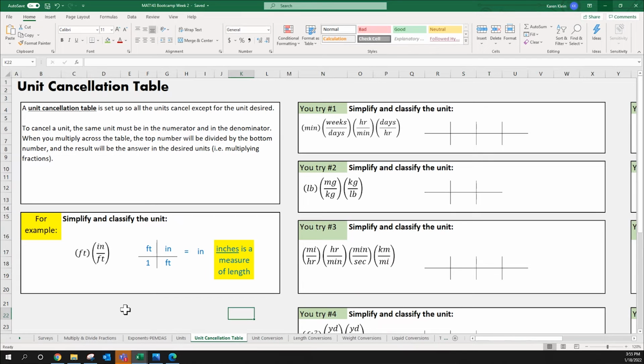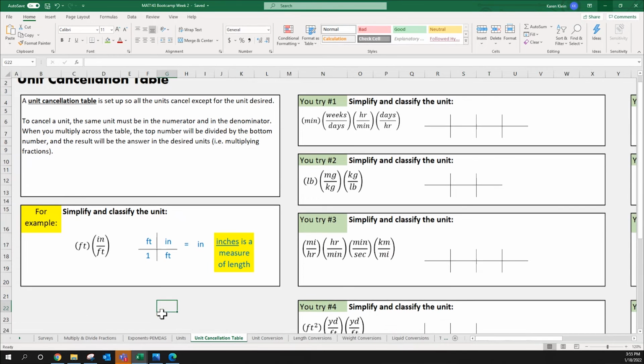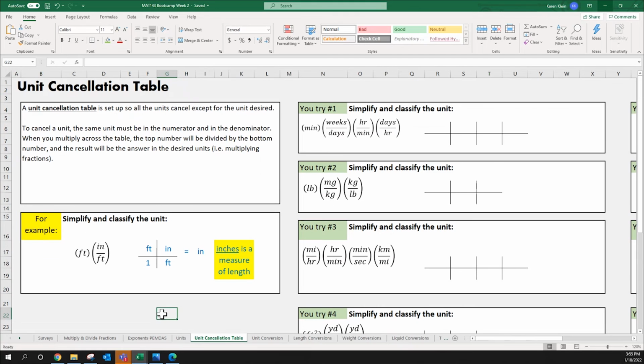So here's an example. Suppose that, and we're leaving off all numbers just to start with. Let's just get familiar with how units behave. So suppose I'm going to take feet and I'm going to multiply it by the unit of inch divided by foot, or foot times inch over foot.